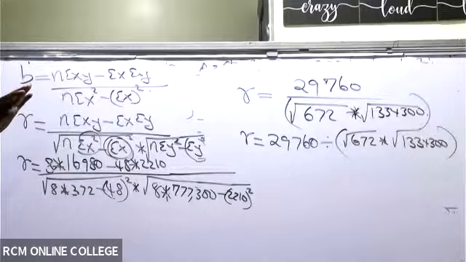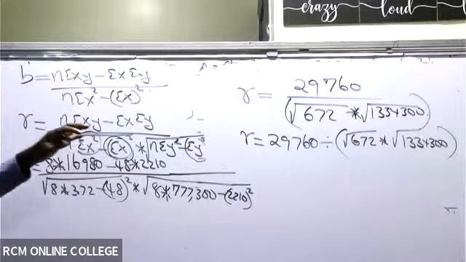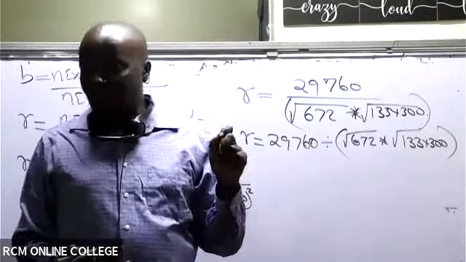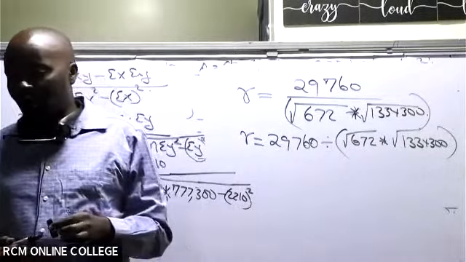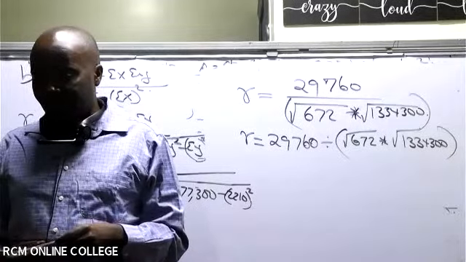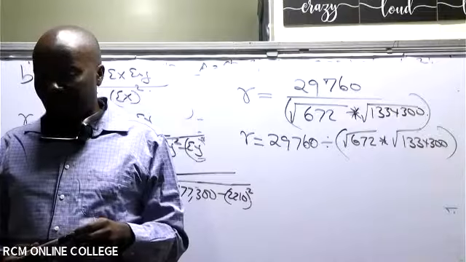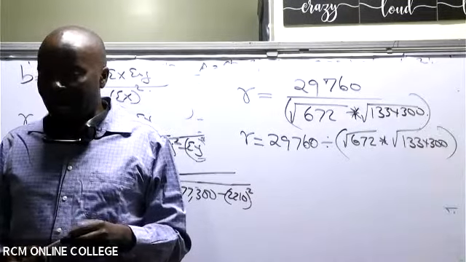Do it with one stroke, but remember to put the denominator into brackets. What are we getting, ladies and gentlemen, here as our R?